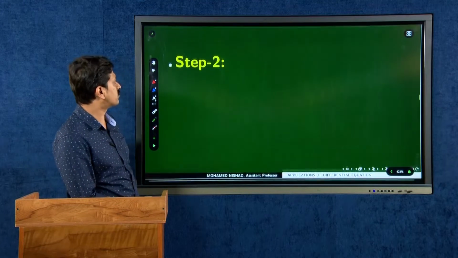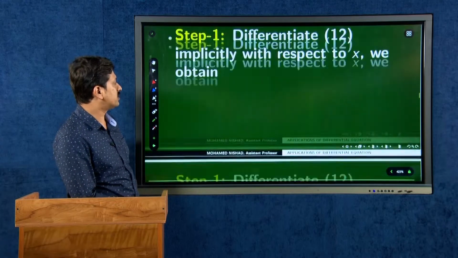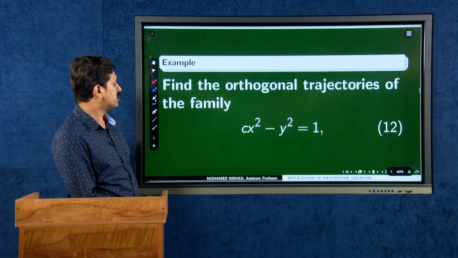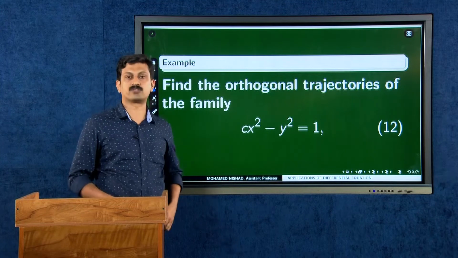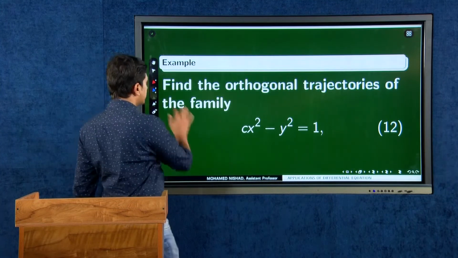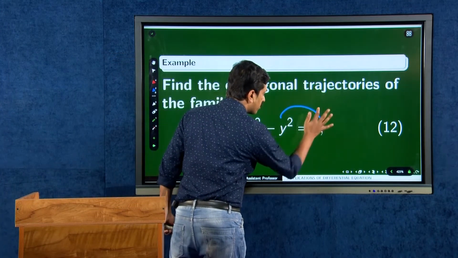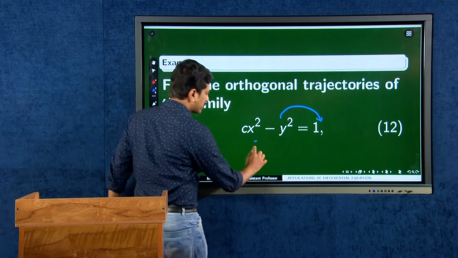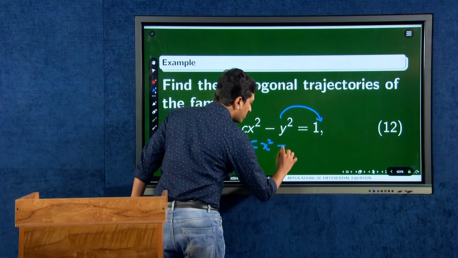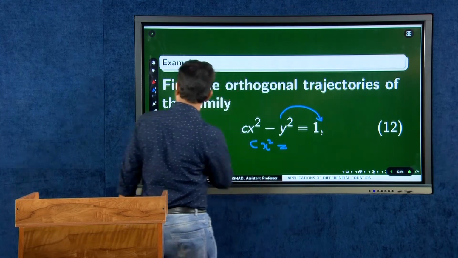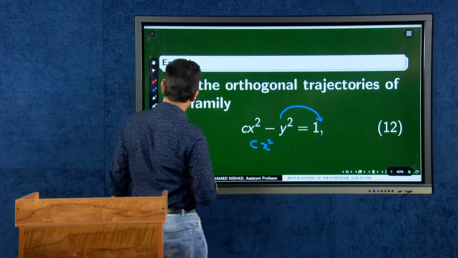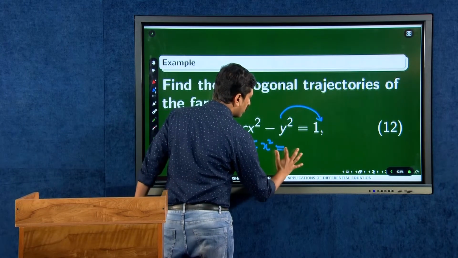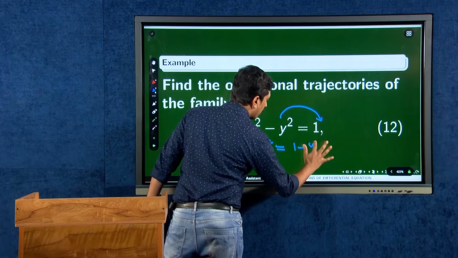Also, dear students, we have to find the value of c. I would like to invite your attention again to our family of curves Cx square minus y square is equal to 1. We can take this y square to the other side. So, we will have Cx square is equal to 1 minus y square.